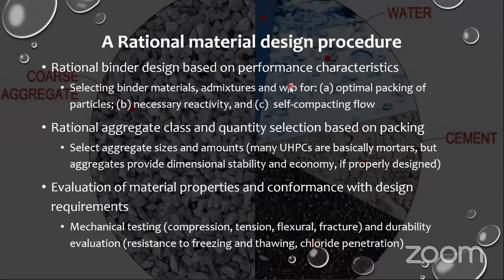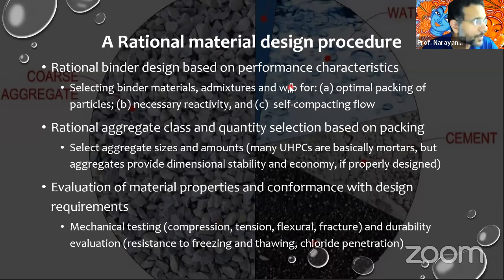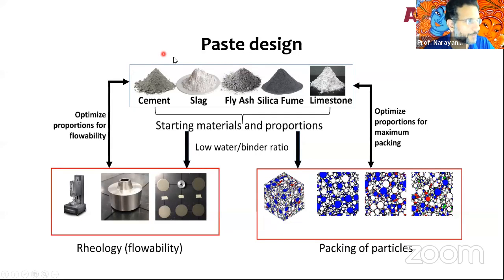Okay. So the first process is to select the binder. I need to select my binder, which is my paste matrix, and then I have to select my aggregate. So I'll show you 2 different ways. So here is how we do the paste design. So cement, slag, fly ash, silica fume, limestone. You do a packing model.